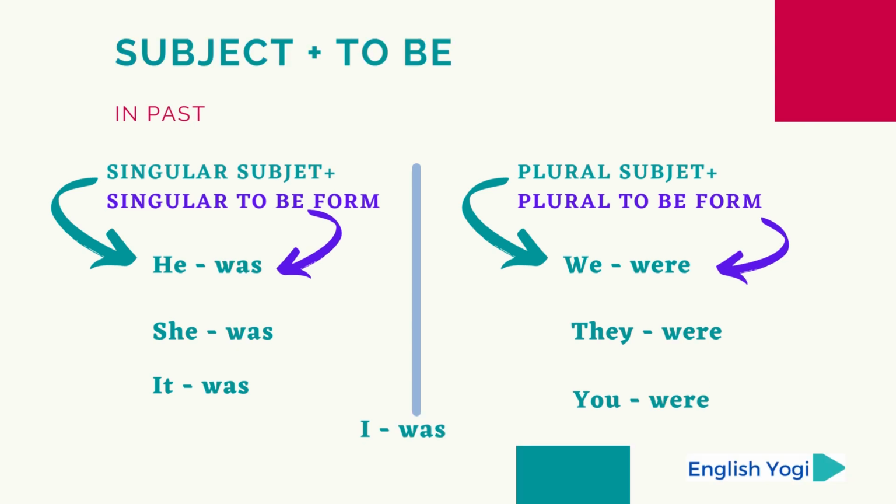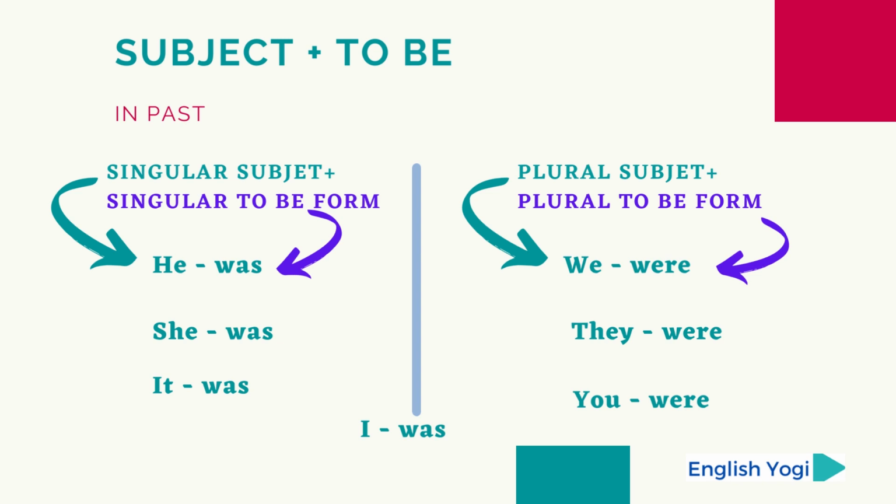The next rule regarding using the to be form is about the past. So in the past, if the subject is singular, we have to use the singular form of to be. And what is the singular form of to be in the past? That is was. In the first example, we can see with he, we have to use was in the past.